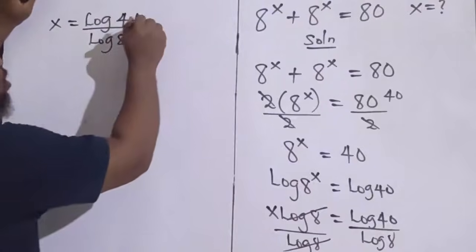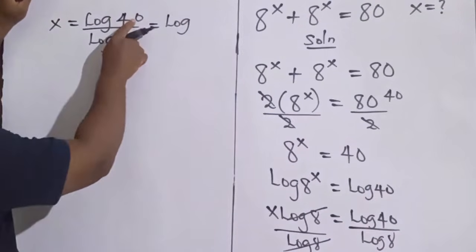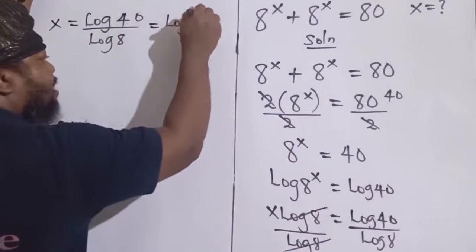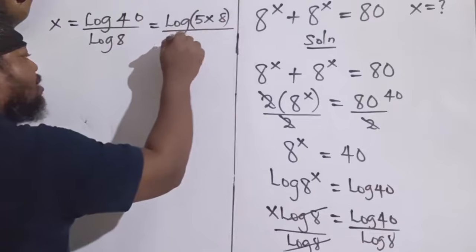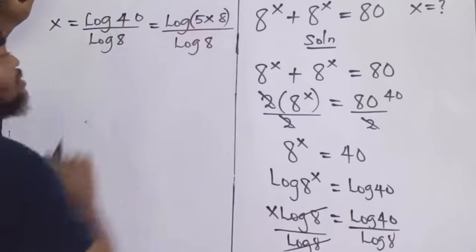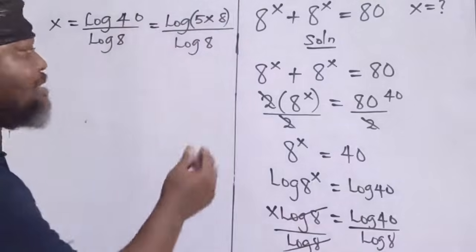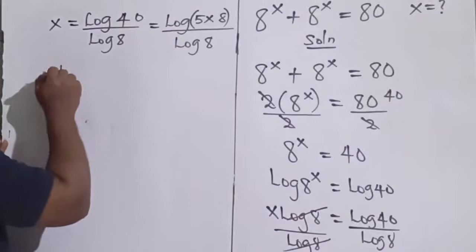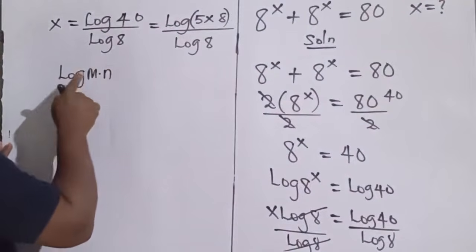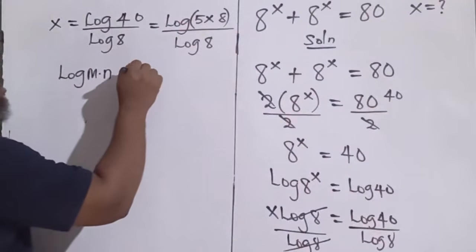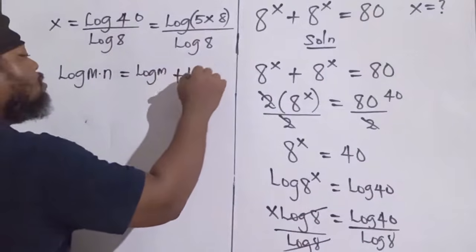And this is actually equal to log of 5 times 8, all over log 8, because I have 8 here. Now, this can be expressed in logarithm as this: if I have log of m times n, this is equal to log m plus log n.